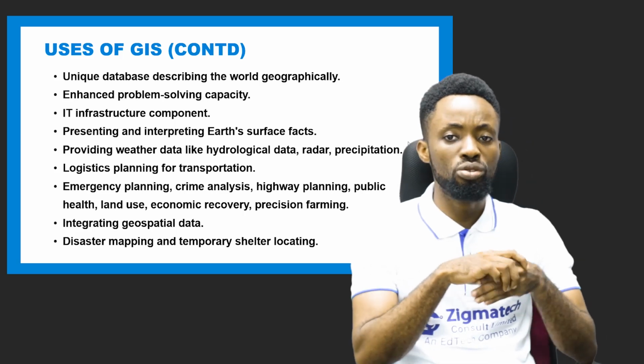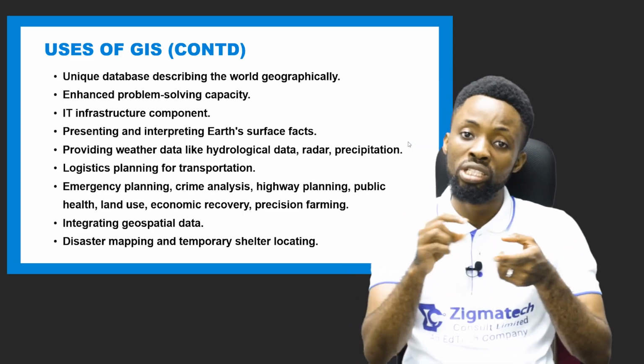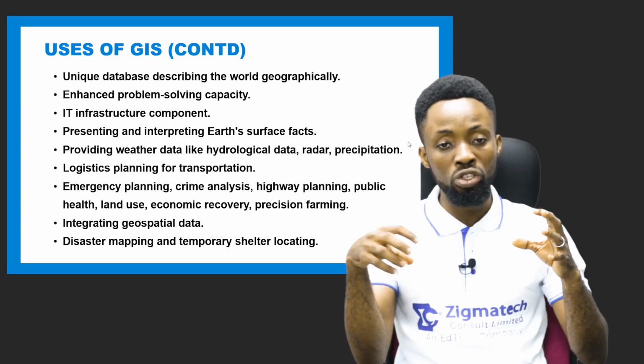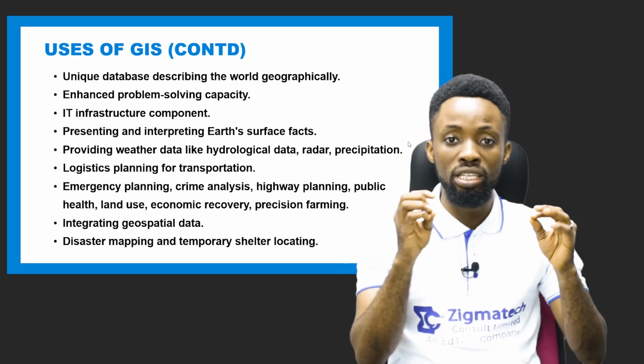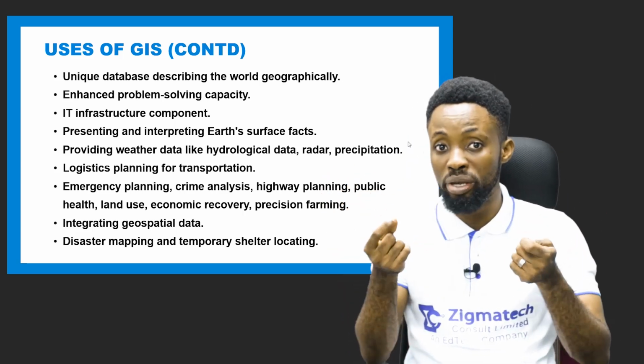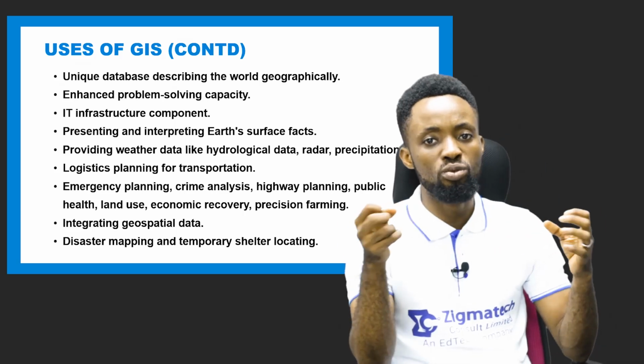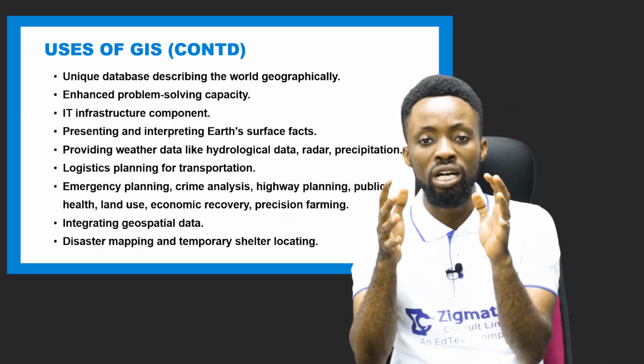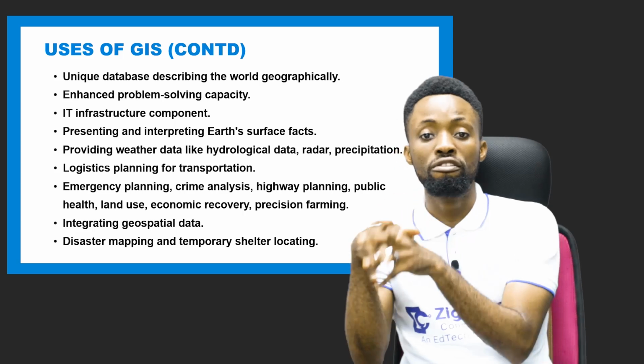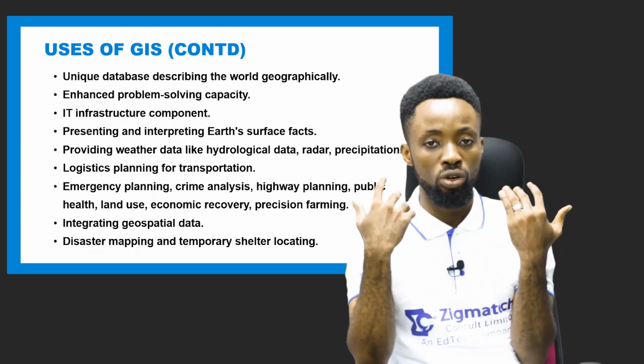And also it helps us to integrate various geospatial data. Most of these data are normally raw facts and they don't really make sense. But with the help of GIS, we can integrate all of this data and transform it into geographic information we can easily understand.